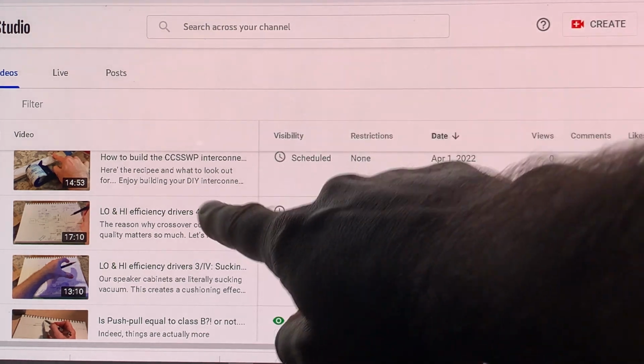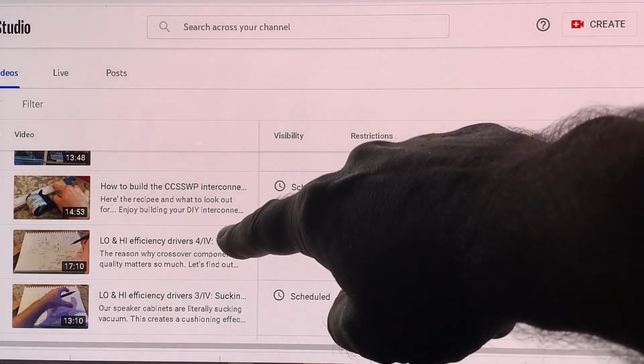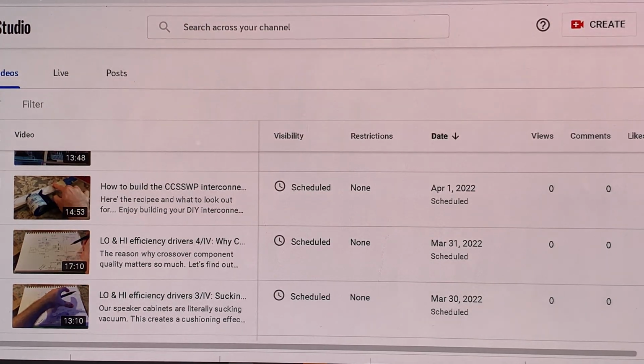And then the next one, the day after, is going to talk about crossovers. You will see that crossovers matter in a very different way for low efficiency and high efficiency loudspeakers.